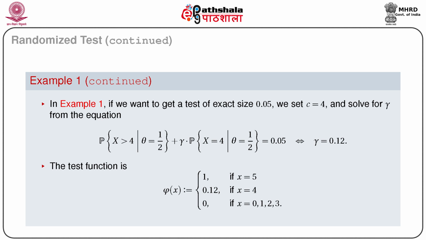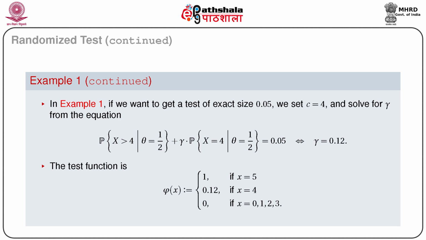That is, the probability under H of X greater than 4, plus gamma times the probability under H of X equals 4, is equal to 0.05. After some calculations, we get gamma equals 0.12.